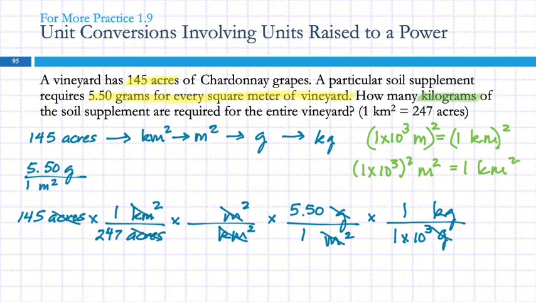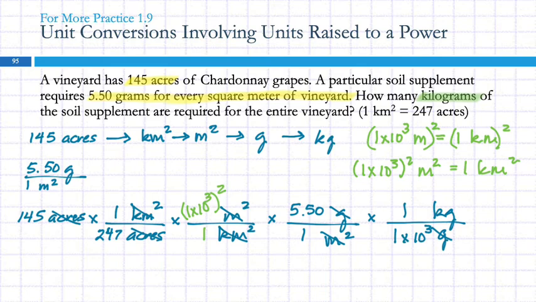One of the issues is, I think, it looks like we didn't square this one. We did, it just didn't do anything to it. So I want to put 1 times 10 to the 3, the quantity squared, where meters is. Any questions?